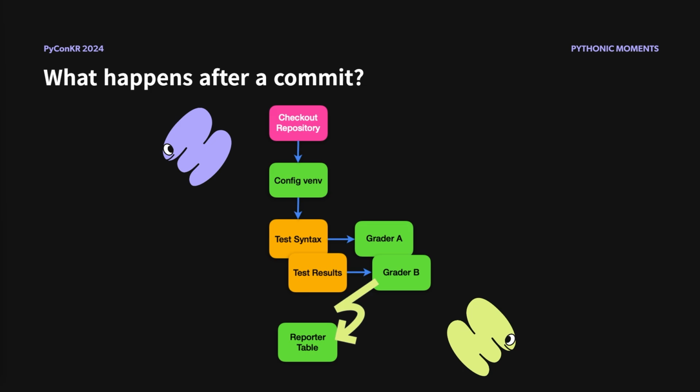And then these GitHub Actions will pass the pass or fail information to the reporter table GitHub Action. So this reporter GitHub Action will report to GitHub Classroom so that it can generate the summary table.